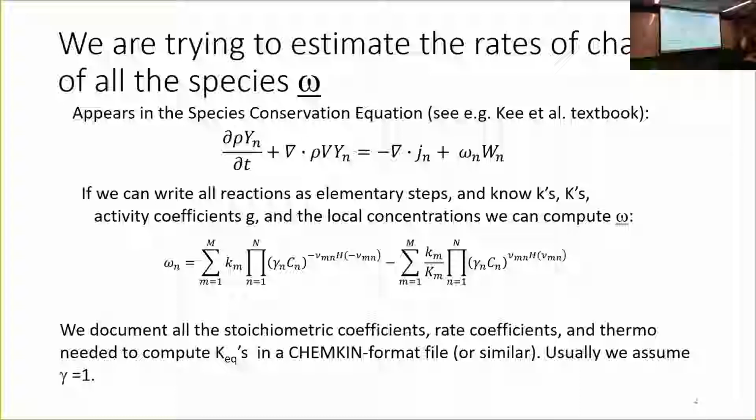All right. So now we're trying to assess if RMG is giving us a good model. I would claim that it's giving a good model if the omega that it predicts is really close to the true omega that would actually be physically happening in the system.